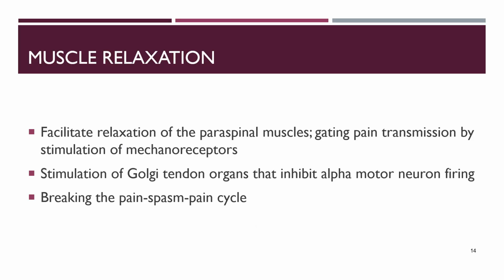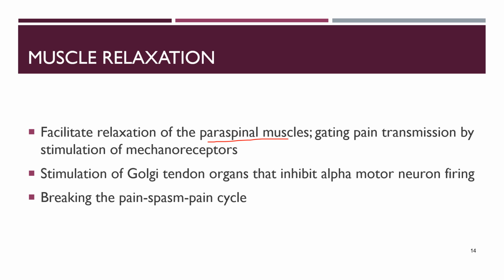We can also use mechanical traction to help with muscle relaxation. So for anybody who's got tightness and they just can't seem to get rid of it, they're stiff in the mornings, those kind of things, mechanical traction is a really good option to help those muscles relax. So we can help facilitate relaxation of those paraspinal muscles, and basically this is going to be gating the pain transmission by stimulation of those mechanoreceptors.